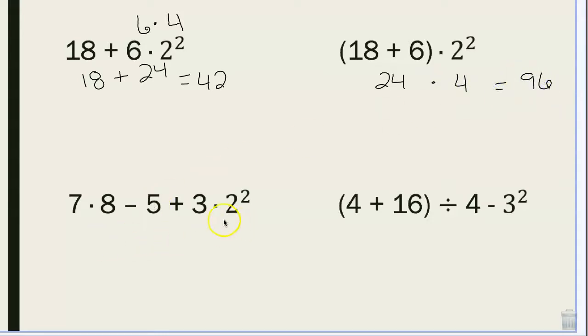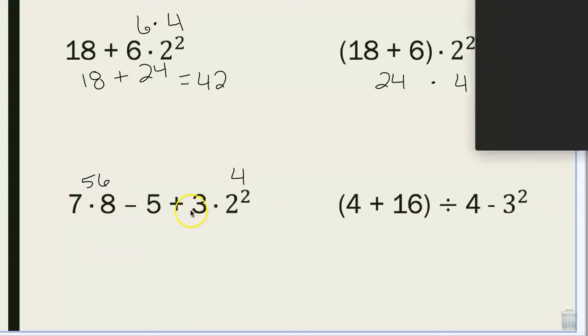Okay, and then here I have multiplication, subtraction, addition, multiplication, and an exponent. I know the exponent comes first, so 2 to the second power. And then I also have a 7 times 8. Since I have two multiplications, I'm just going to go left to right. So 7 times 8 is 56.